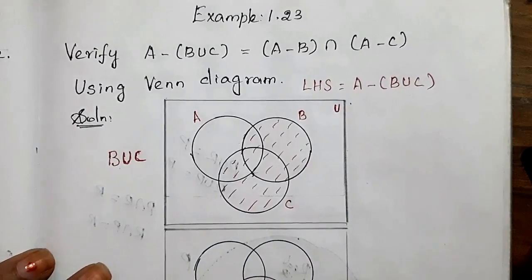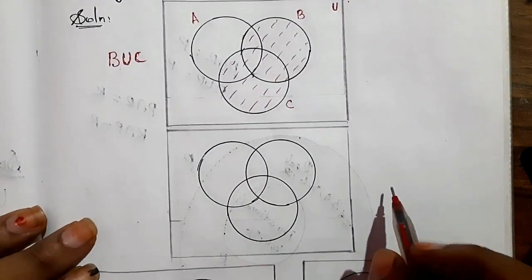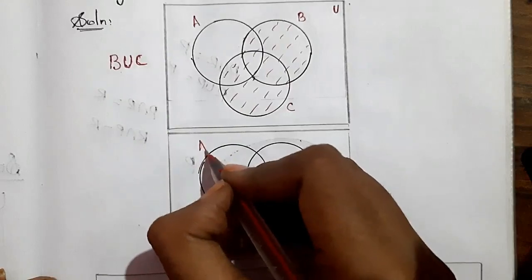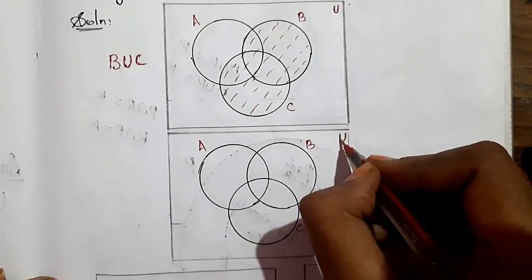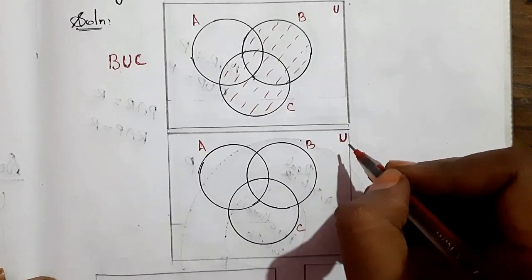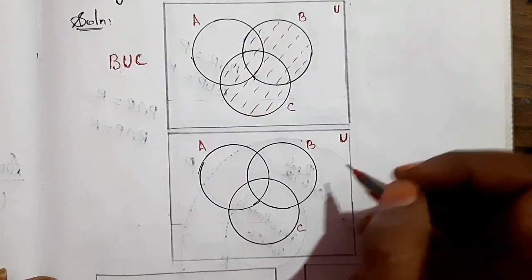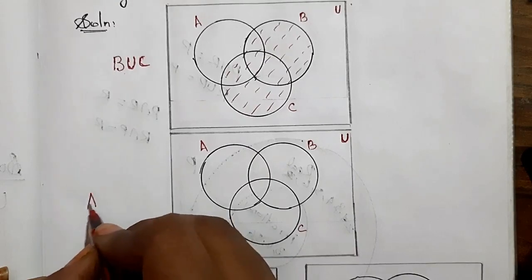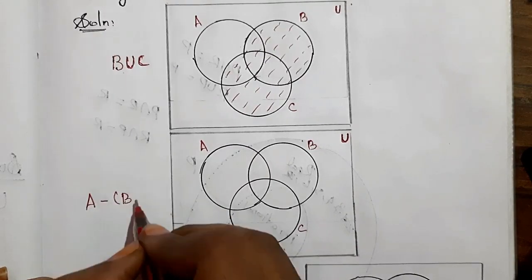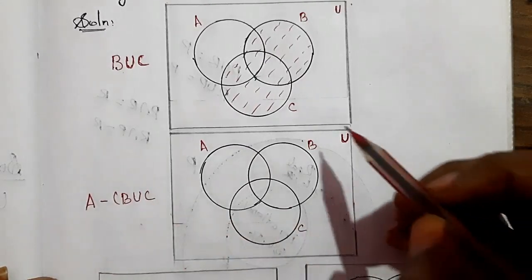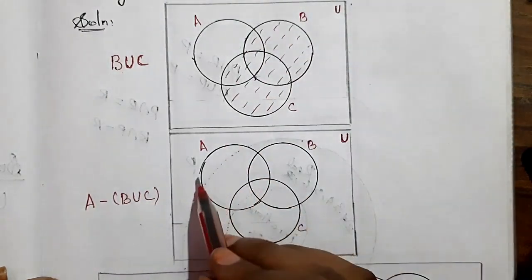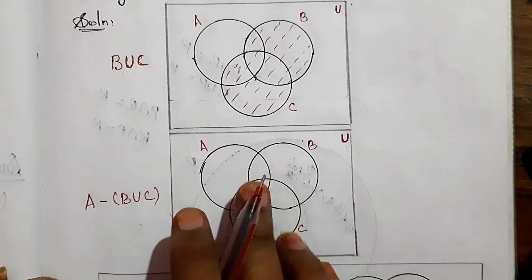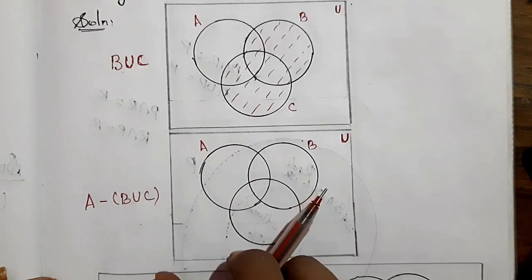Okay. Now next one. Same. First we can denote the set A, B, C and the universal set. So we can write that A difference B union C. So you know this is B union C. A difference, the meaning is from A we have to remove the B union C part.